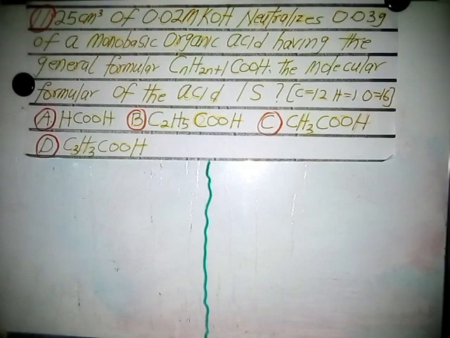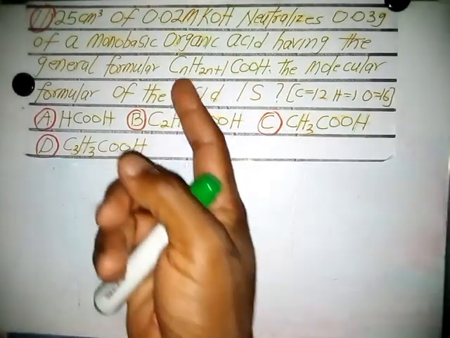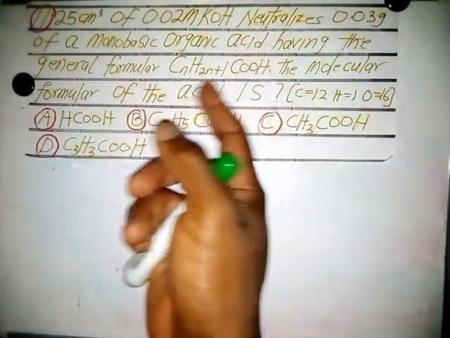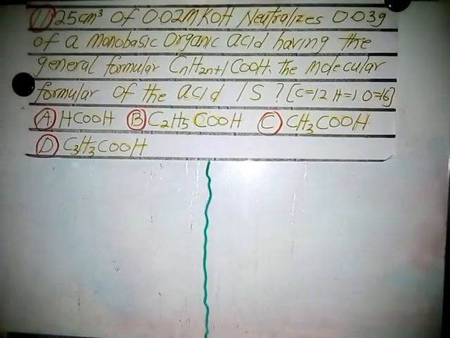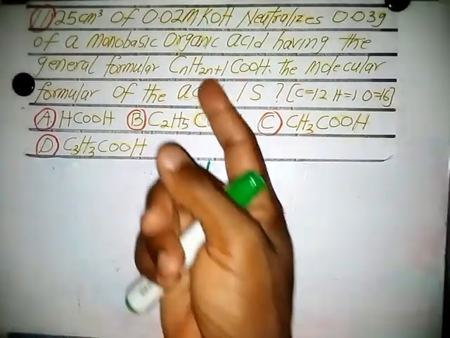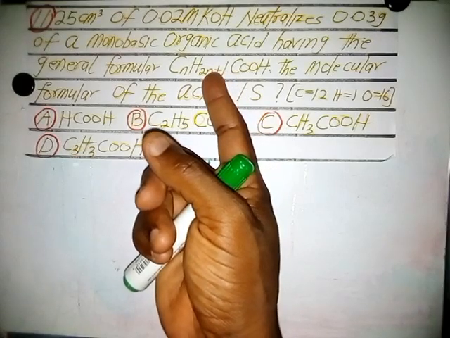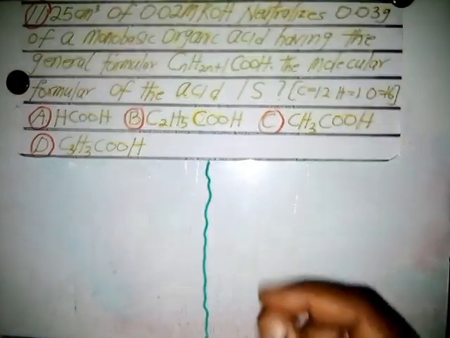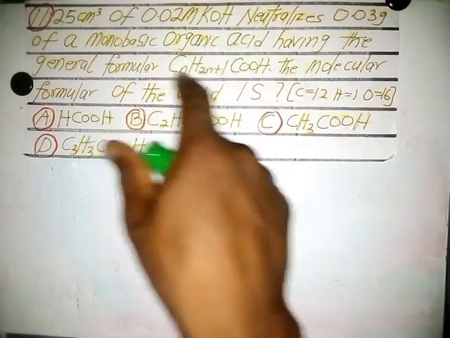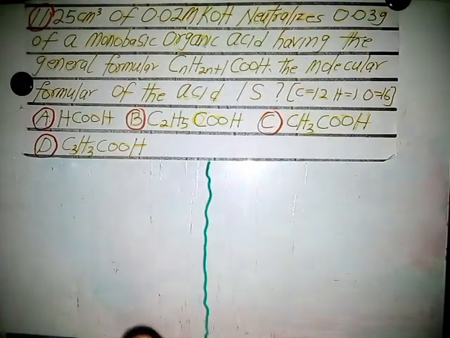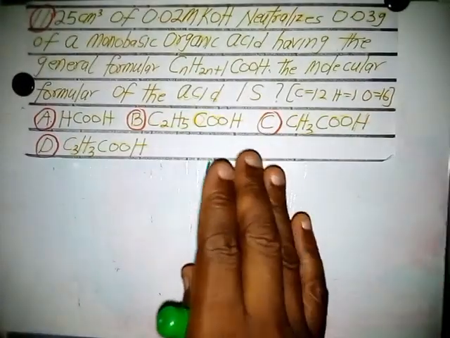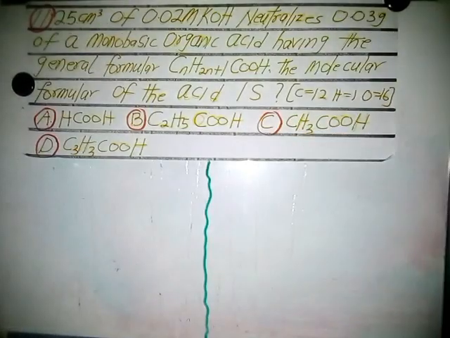Then, for the molecular mass, we have to equate it to this molecular formula so that we can calculate n. After calculating n, we put it back into this formula to get the actual molecular formula we are interested in.